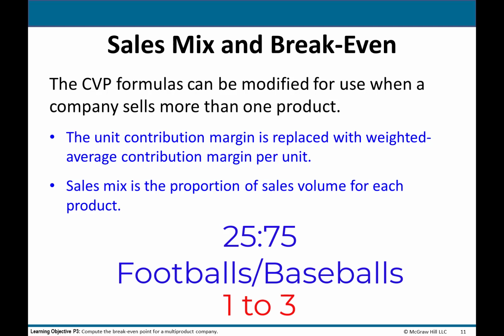Another way of saying that is 1 to 3. So we're going to use the break-even formula and our target profit formulas and tweak them a bit by weighted averaging back the sales mix. It'll become much more clear when we try one out.